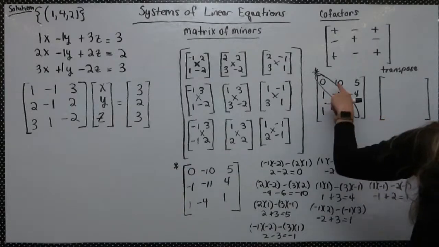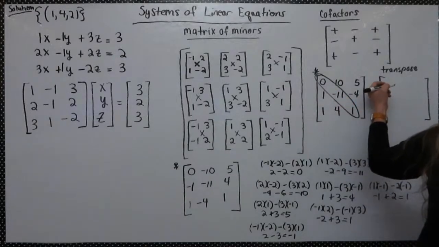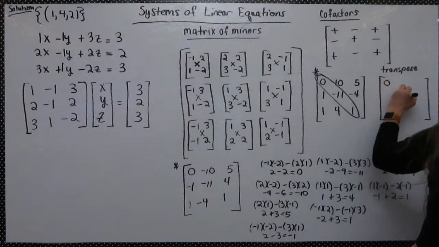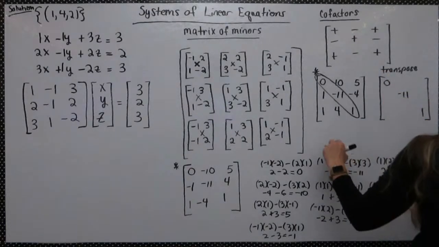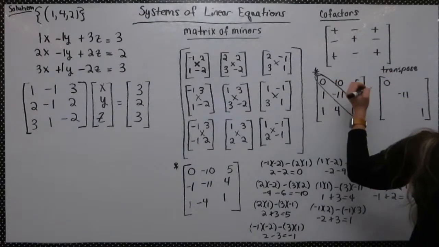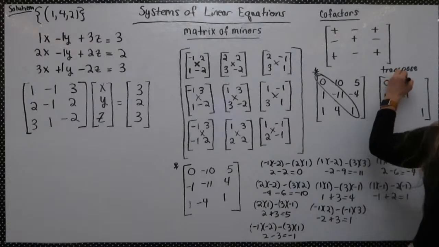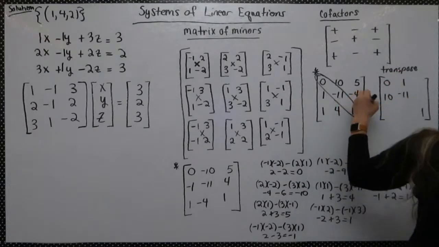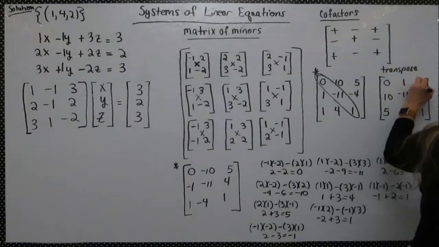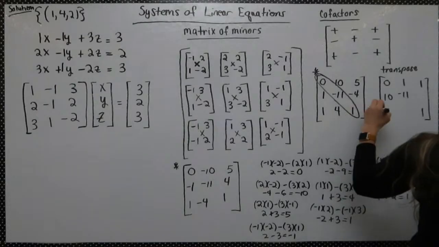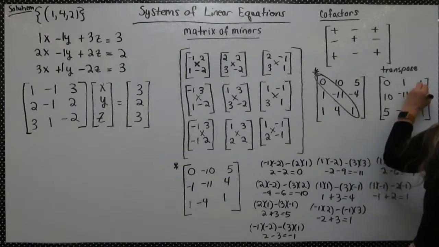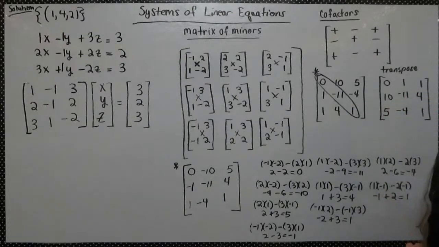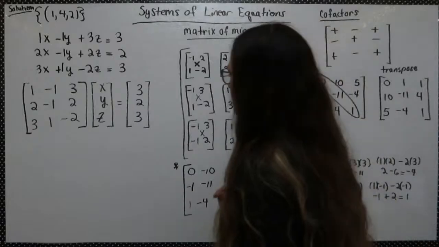So we have 0, -11, and 1 staying, and then we're going to swap 1 and 10, so 10 and 1, 1 and 5, and 4 and -4. So here's our transpose.